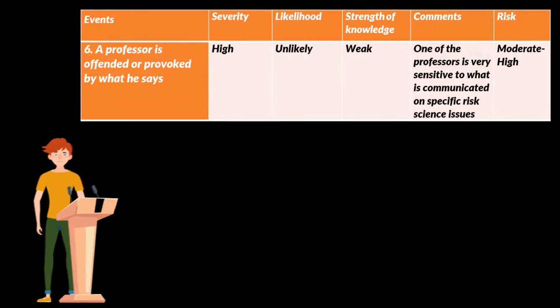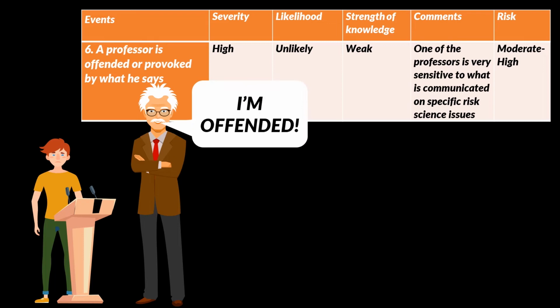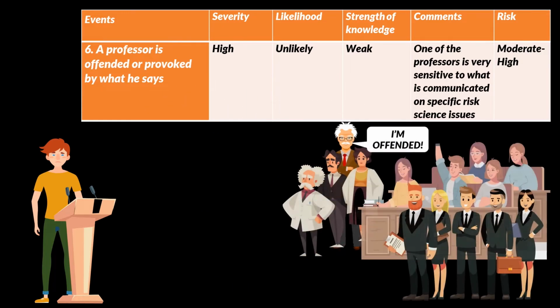For number 6, a professor is offended or provoked by what he is saying. Severity is considered high, it is unlikely, but the knowledge strength is weak. The reason is that one of the professors is very sensitive to what is communicated, but it's not clear if this professor would actually attend this meeting.